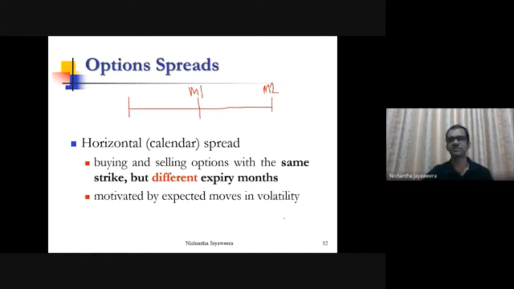What would happen when the volatility increases? What is the relationship between volatility and premium?